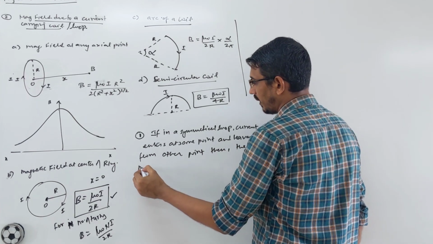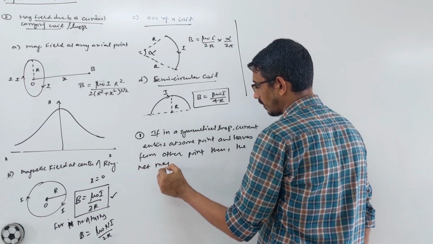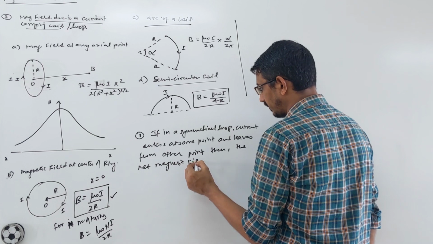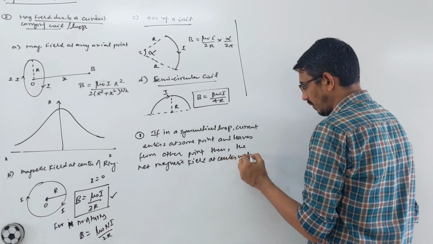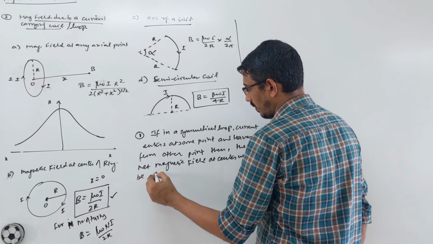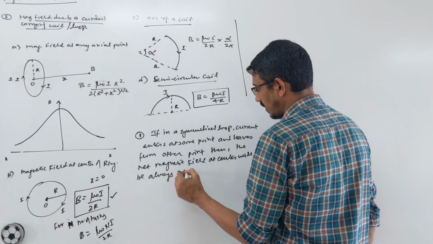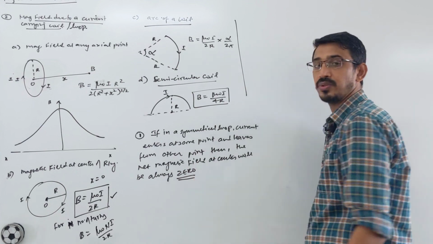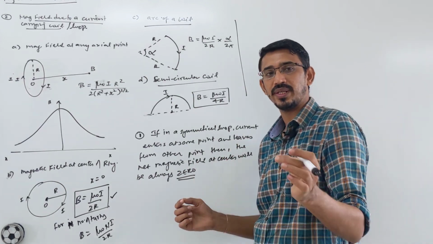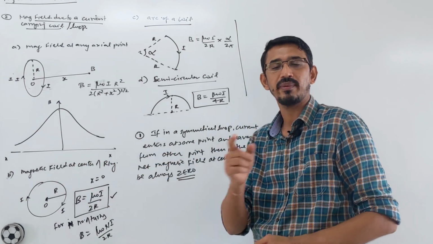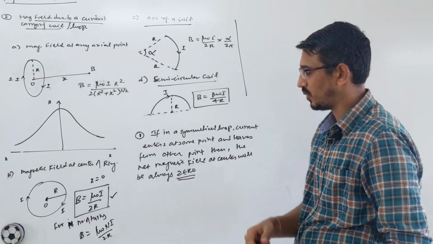The net magnetic field at center will be always 0. This is a very important question. If you have a symmetrical loop and current enters at some point and leaves from some other point, the net magnetic field at center always becomes 0.